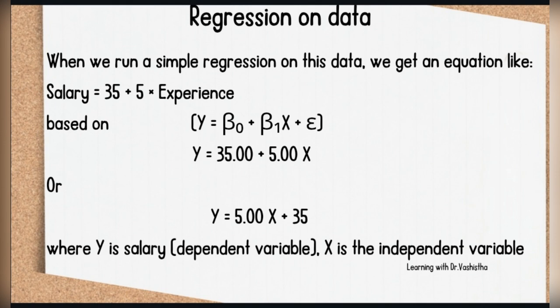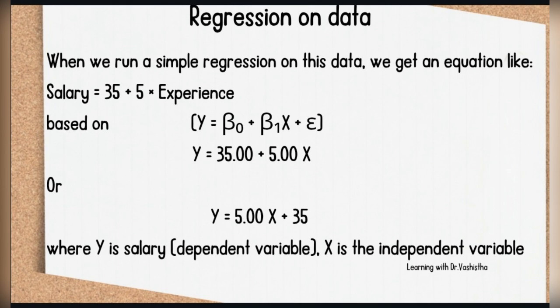So when we run the simple regression on this data, the equation that we have earlier seen is y equals beta naught plus beta 1 x plus e. Here y is the salary, which is the dependent variable, and x is the independent variable, which is the number of years of experience. Beta naught is a constant, which we have taken here as 35.